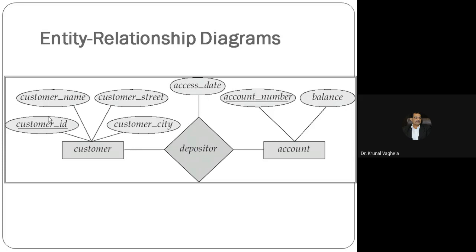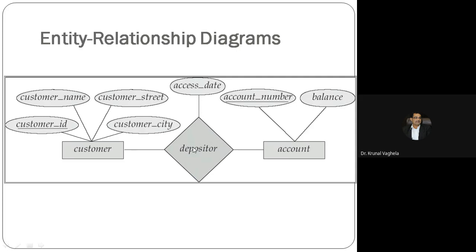And one more thing here that is new, which is this. It is also an attribute. So what will we call this attribute? Generally an entity set has attributes, but here depositor is a relationship set, and the relationship set is having an attribute.